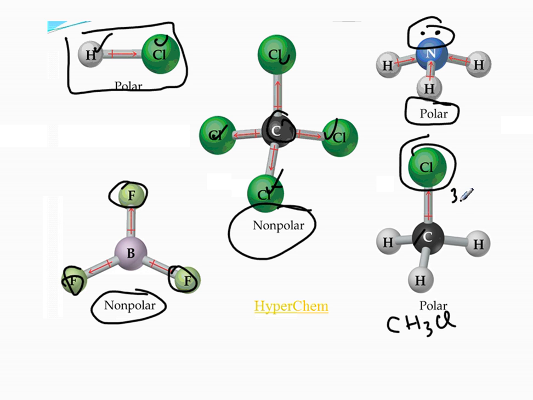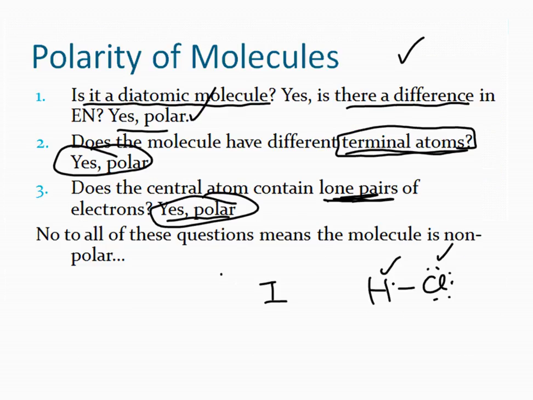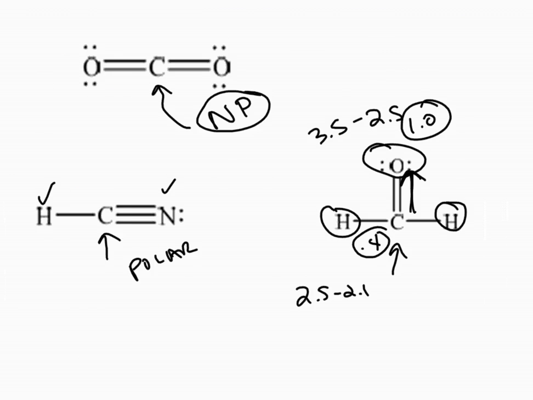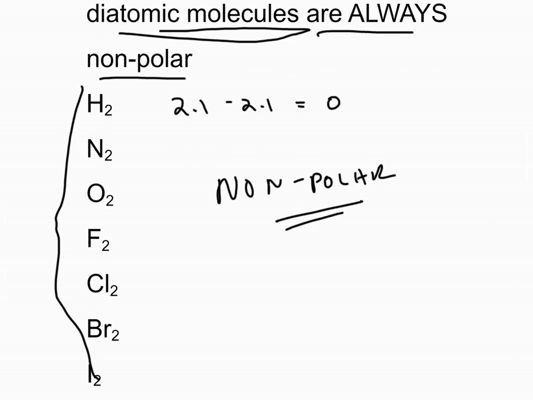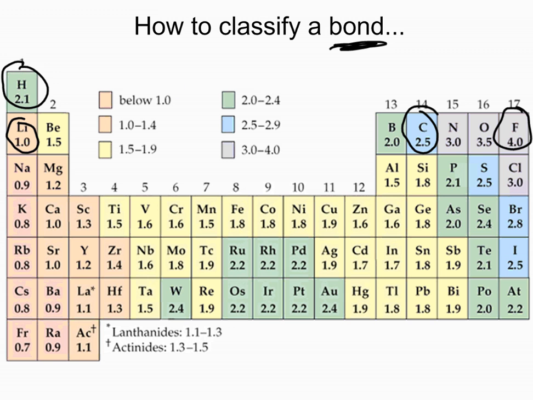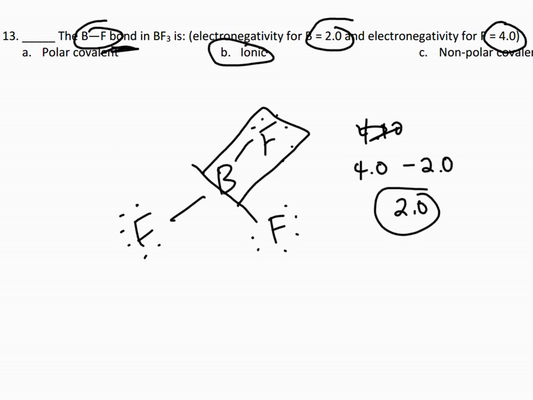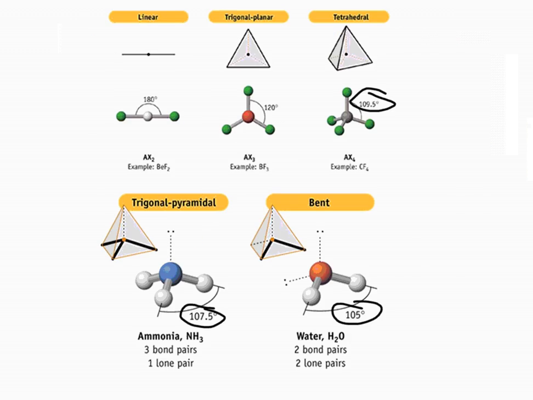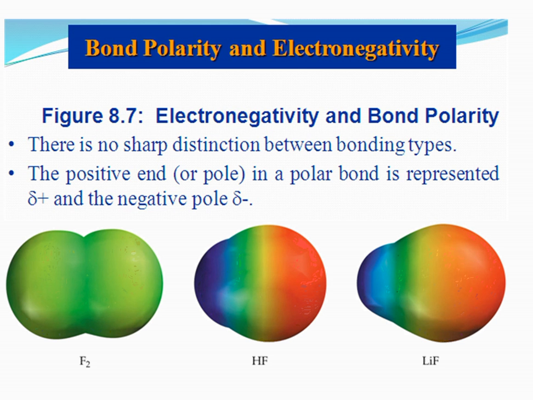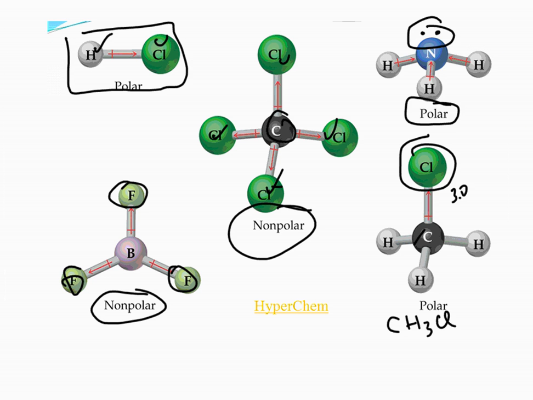Chlorine is 3.0. Carbon is 2.5. So that's going to be considered a polar bond based on the subtracting. So if you look just at that molecule right here, 3.0 minus 2.5, I'm going to get a 0.5 difference. These aren't going to cancel out. It's non-symmetrical. So therefore, that molecule is polar. So you can tell just by looking at it.